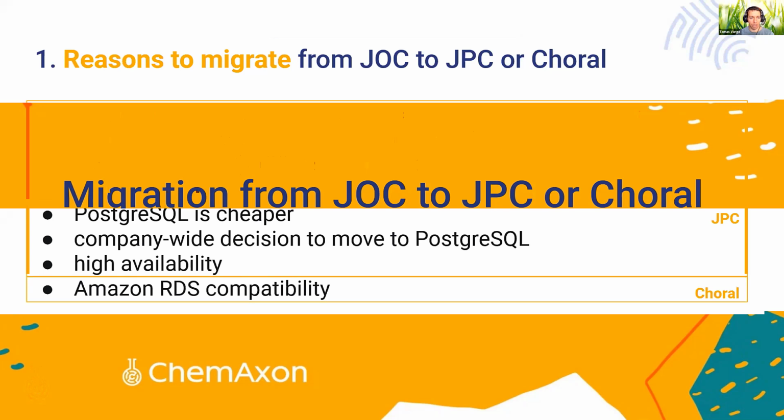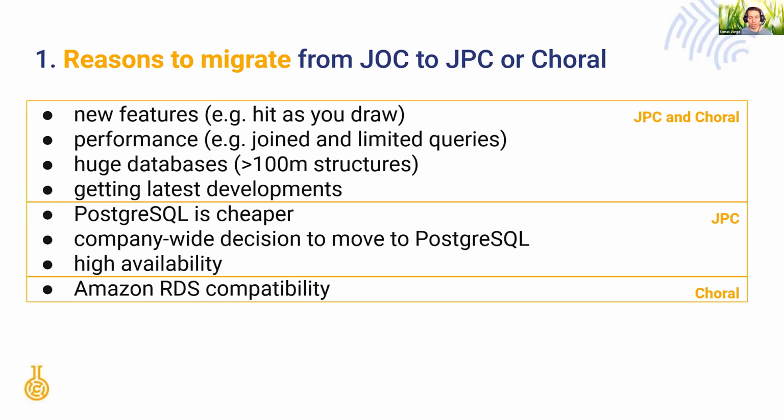And in case of JPC, Postgres has the advantage that it is cheaper, and usually for big companies there are some company-wide decisions about which database people should use, and Oracle is not that popular nowadays as it was before because of the pricing, I think.